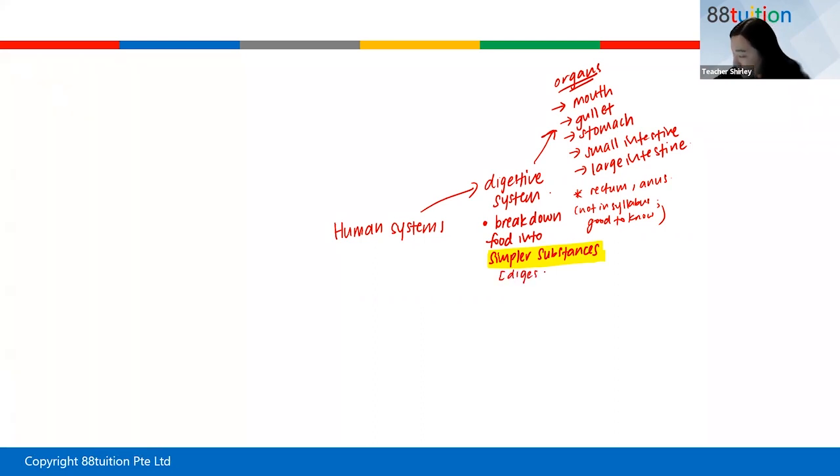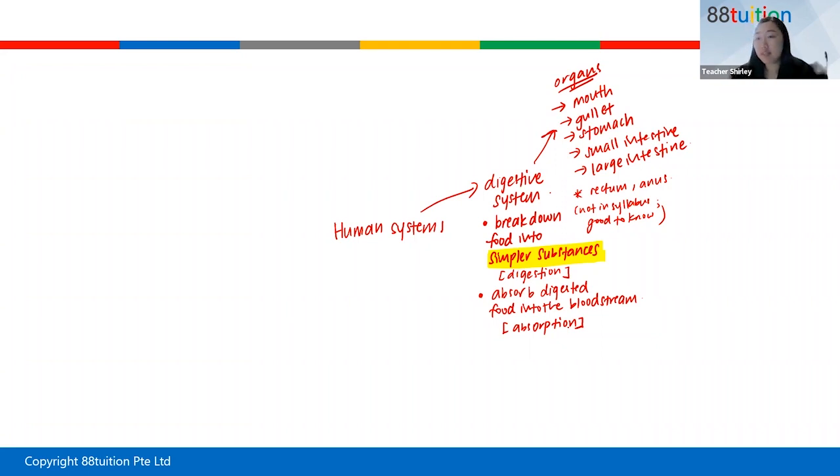Then of course, the digestive system has another function, which is to absorb. On top of digesting, it will absorb the digested food into the bloodstream. So this one is absorption. This happens in your small intestine, but the small intestine belongs to the digestive system, isn't it?